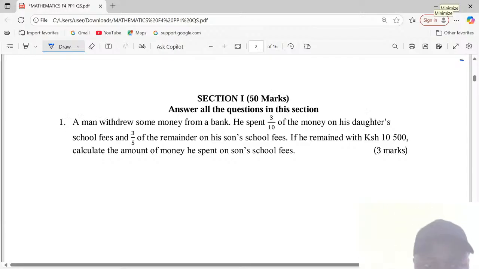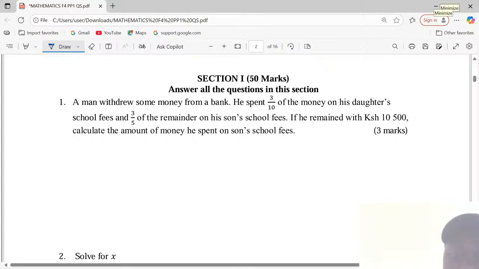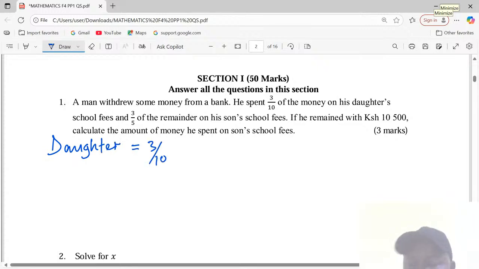Look at this. There is a daughter here whose school fees is being catered for using 3 out of 10 of the father's income. Then we are further told 3 out of 5 of the remainder. So what is the remainder first? 3 out of 10 proportions of this income have been spent on the daughter's fees.